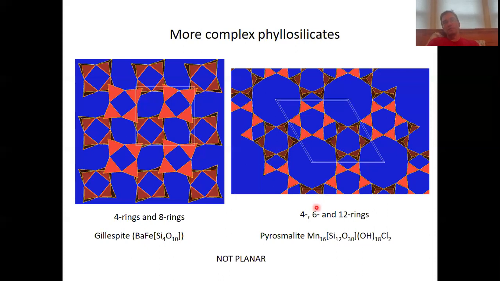So an example for this kind of structure is pyrosmalite. That is manganese 16 Si 12 O 30 (OH) 18 Cl 2. Okay, so there was a chloride ion somewhere in that fairly open structure.